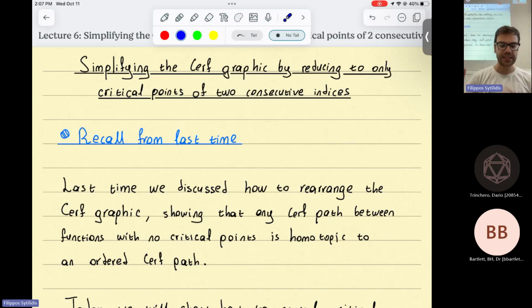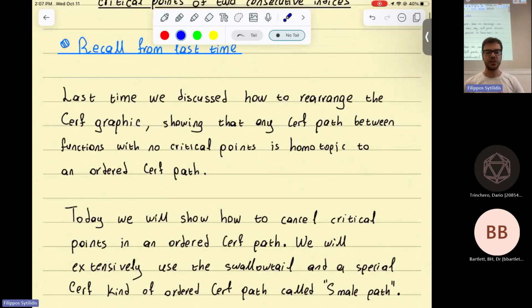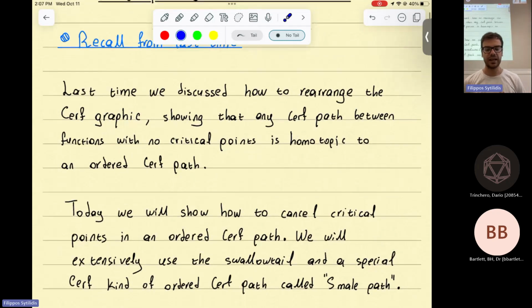And last time we basically discussed how, given a Cerf graphic, we can rearrange it and show that any Cerf path between functions with no critical points is homotopic to an ordered Cerf path.